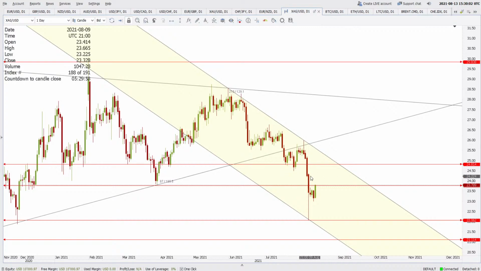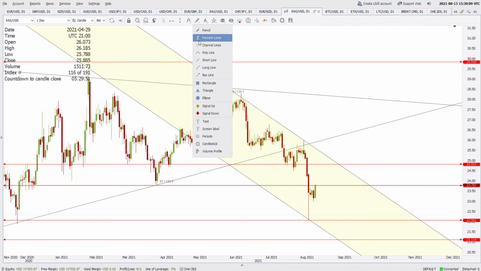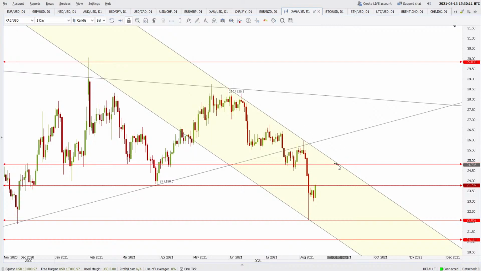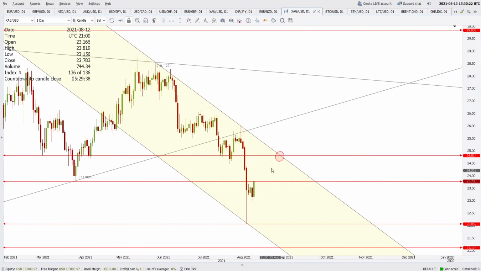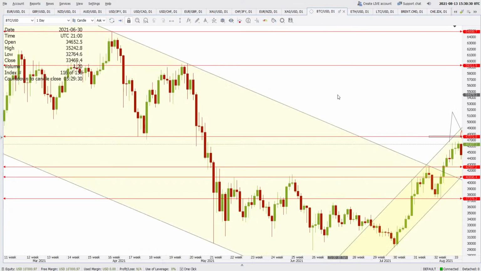So this 24.81 area may be a good area to go and short this market, but there is a better opportunity here, which is a confluence of two resistances. One is this falling channel resistance, second is this horizontal level, which was of importance in the past. So expect some selling opportunity here, 24.81.